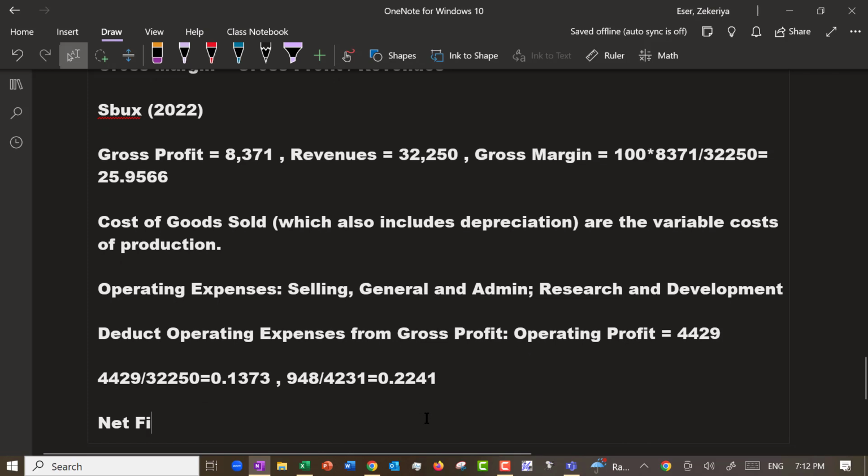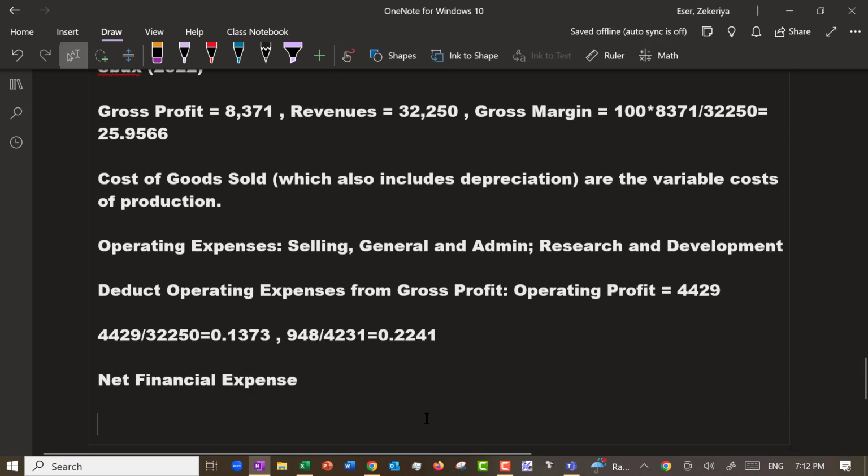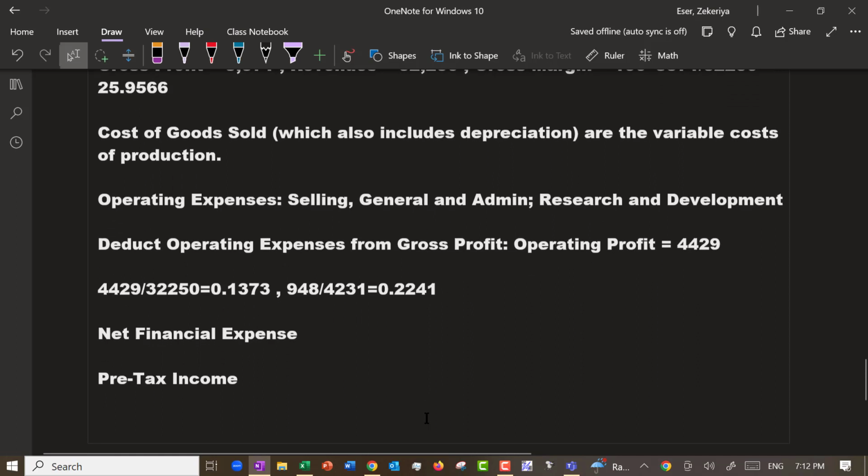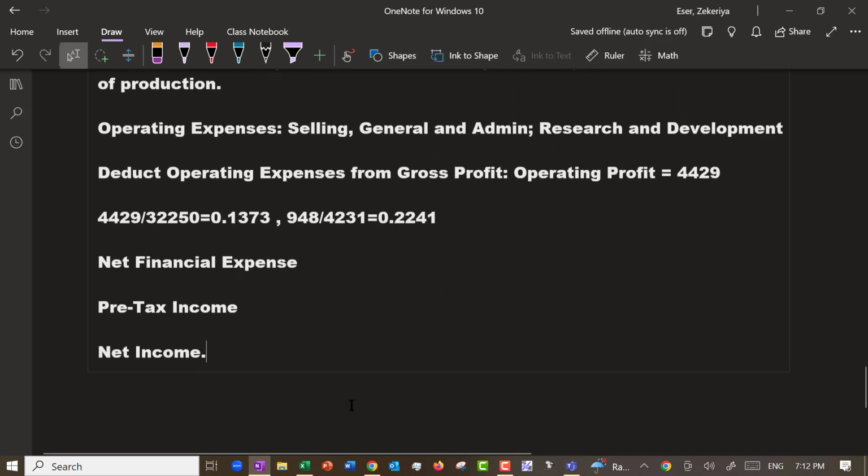Then, net financial expense. That gives you pre-tax income. And finally, that gives you net income. As you can see, at each layer, we tell a different story. Are we good in selling stuff relative to what it costs to produce?